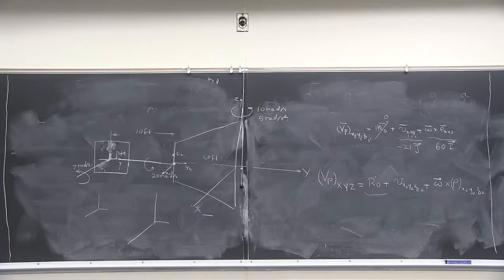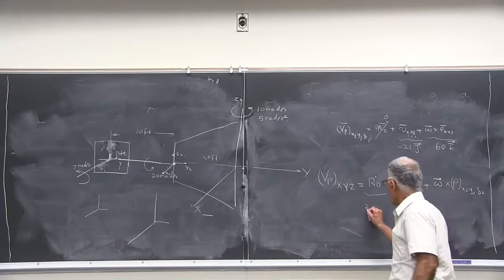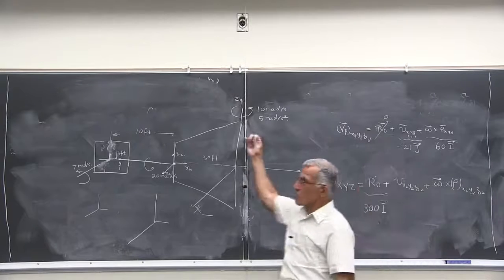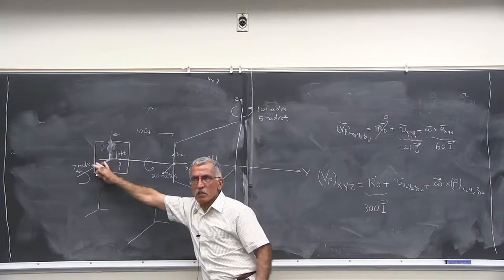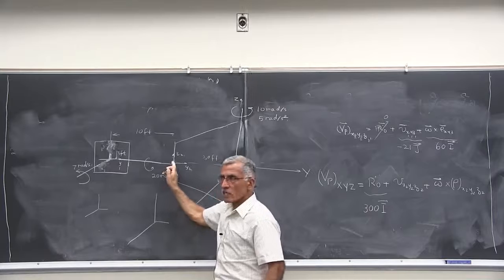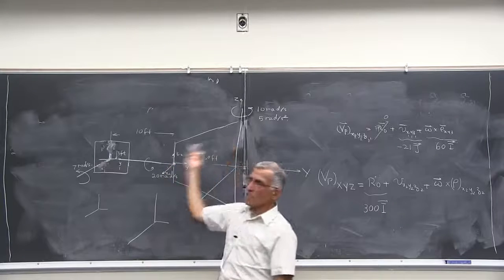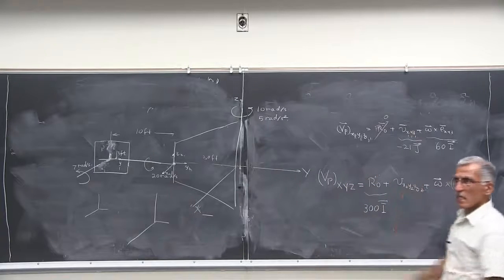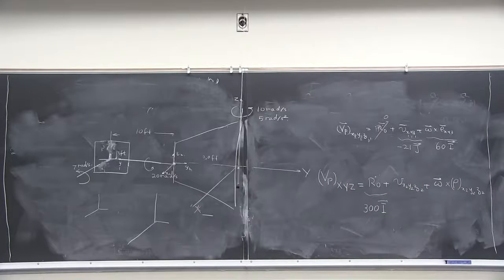The direction? Capital I. So that would be 300 capital I. So this is going around the circle. Forget about all of this attachment. This is my auxiliary coordinate system, and this is going like this around the circle. And that circle at this instant is coming toward the I. That's r omega. R is 30, omega is 10, 300 I. No problem.